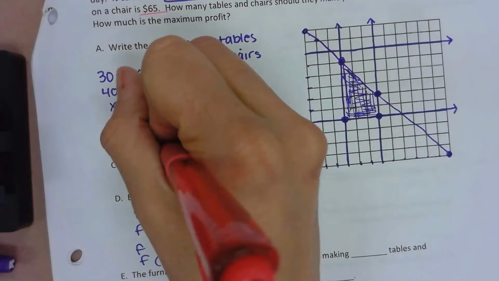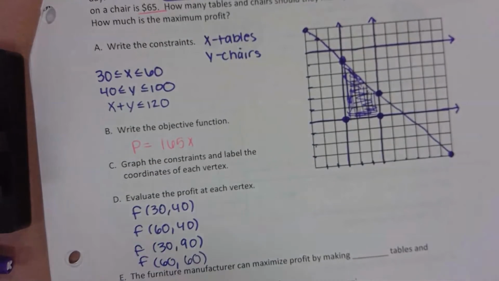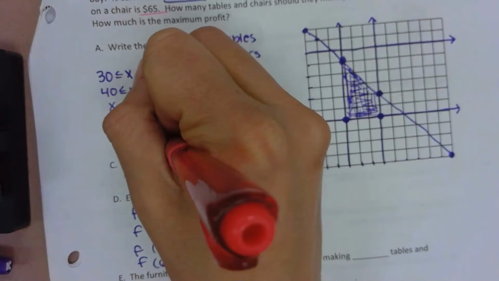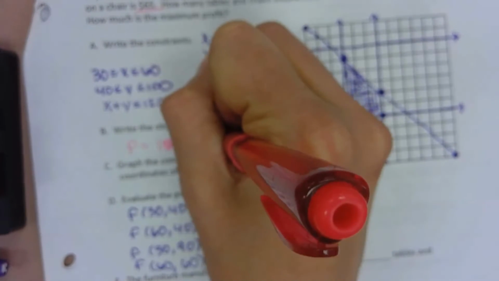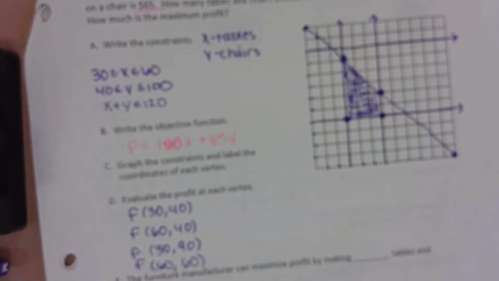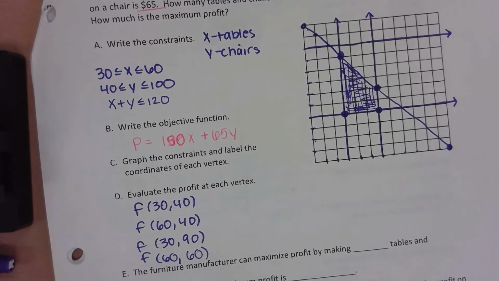So that would be like 150x, because x is tables, plus 65y, because y is chairs. And then it says how many tables and chairs should they make per day to maximize their profit.